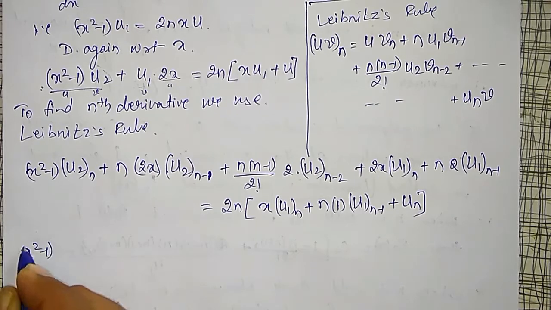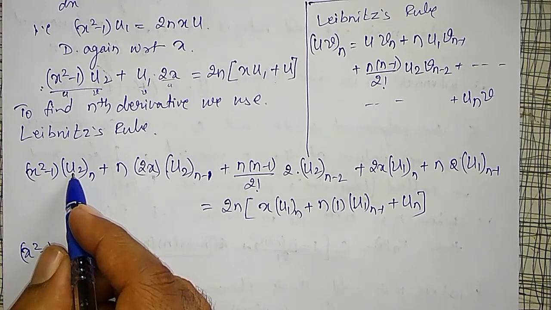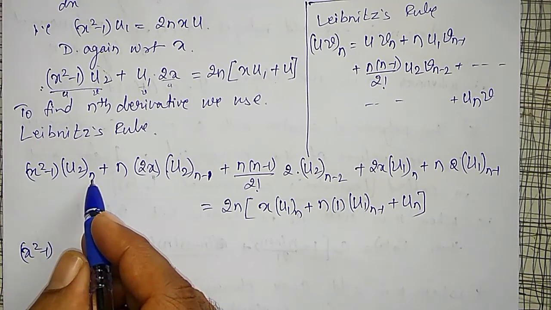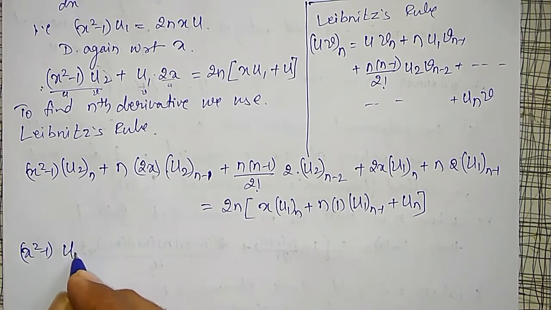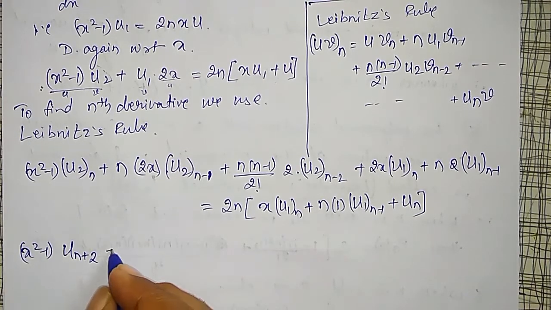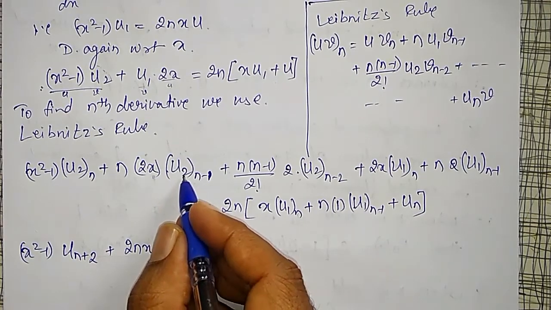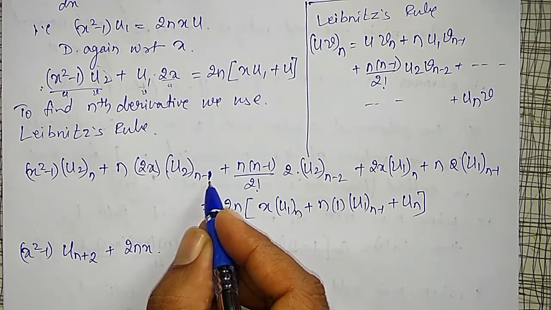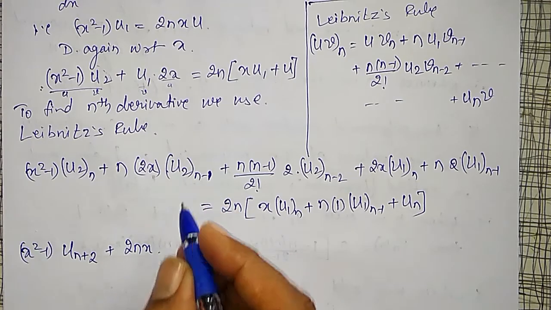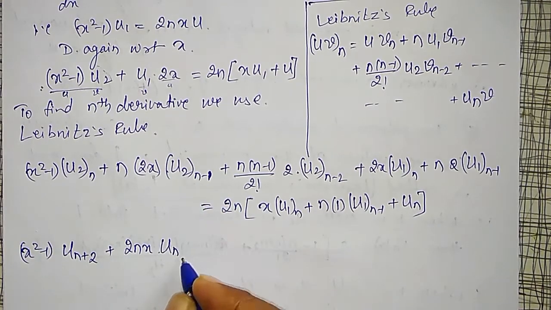I am going to get it as x square minus 1 into second derivative differentiated n times, it will become 2n plus 2 plus 2nx into second derivative differentiated n minus 1 times. Therefore, un minus 1 plus 2 will become un plus 1.